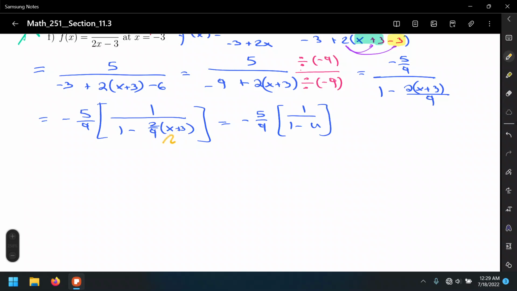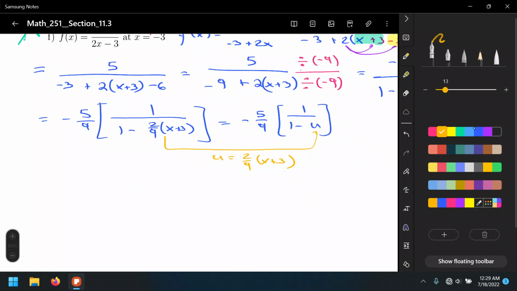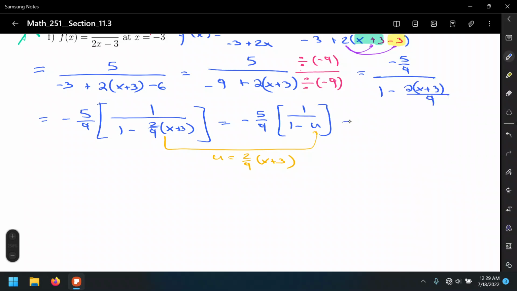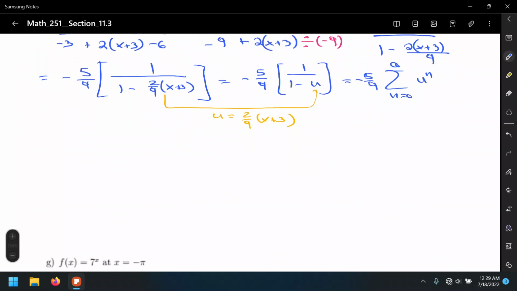And so this is our u, 2/9 times (x plus 3), and this will be negative 5 over 9 sigma u to the n, and n goes from 0 to infinity.